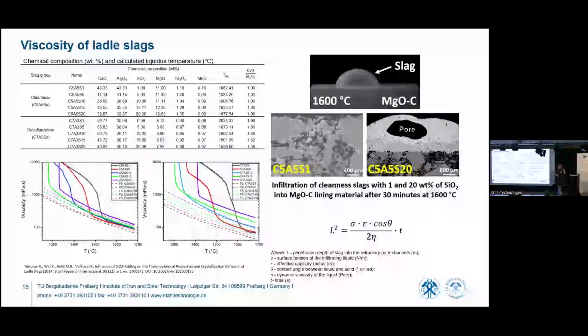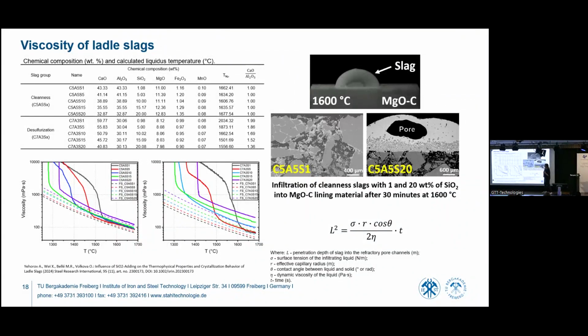Okay, the next example, ladle slag. It is for a refractory company, but not for RHI, it was for another one. And here our task was to investigate the infiltration of ladle slag in refractory materials.